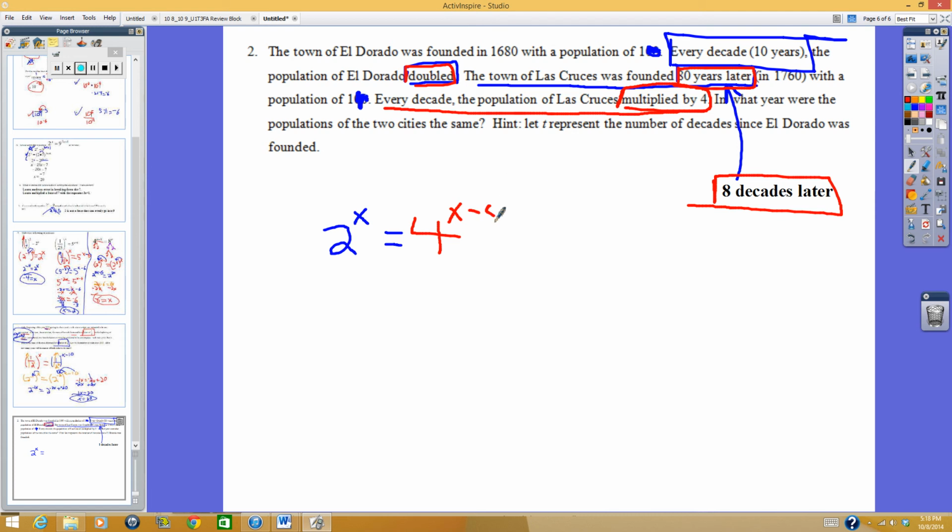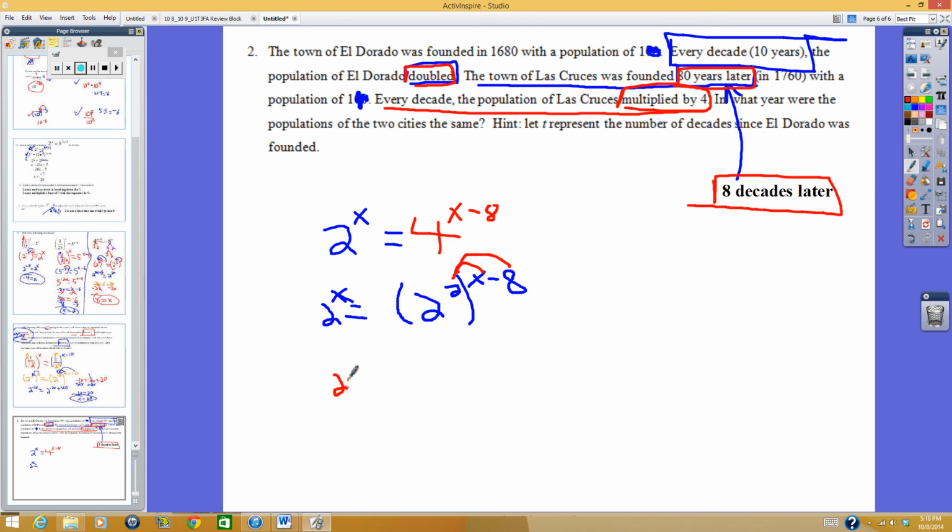So you're going to do x minus 8, okay? Hopefully you guys are following this. So I'm going to bring this 2 to the x power down. I'm going to rewrite this 4 as 2 to the 2nd power, right? Bam, bam. x minus 8. Distribute that in.